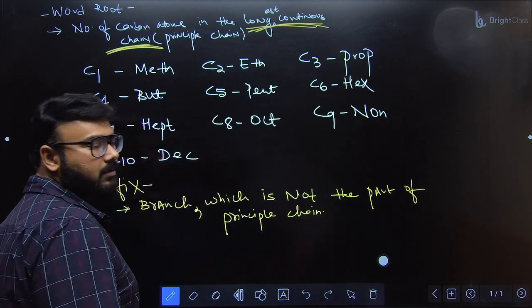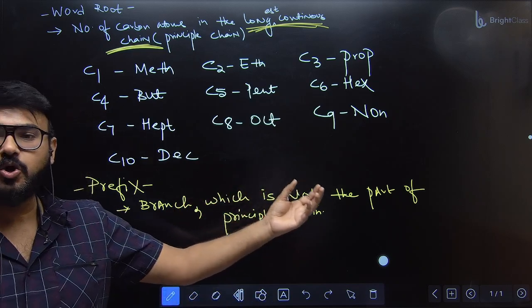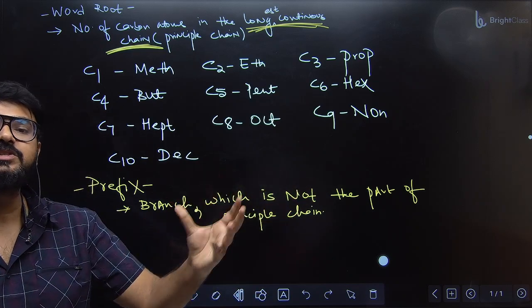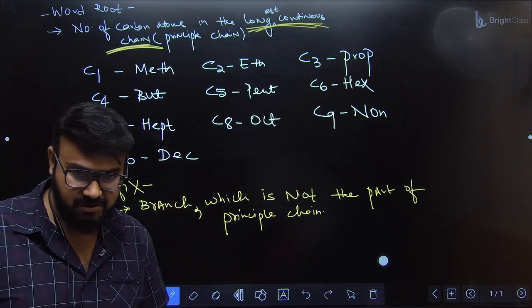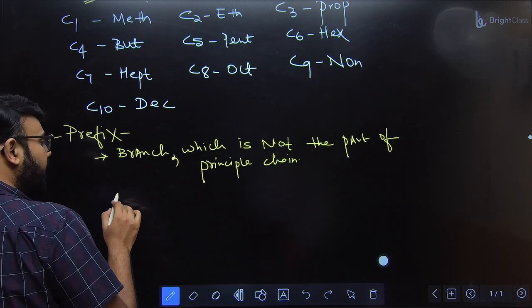All of you write down. So technically, a prefix is something which is not included in the longest continuous chain, which is a branch. I hope it's clear.